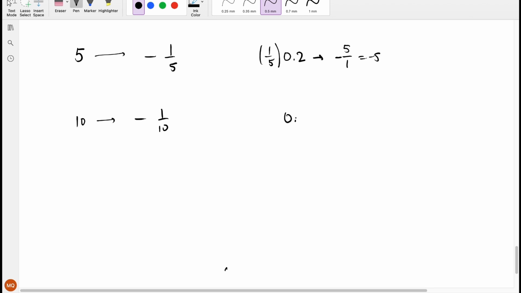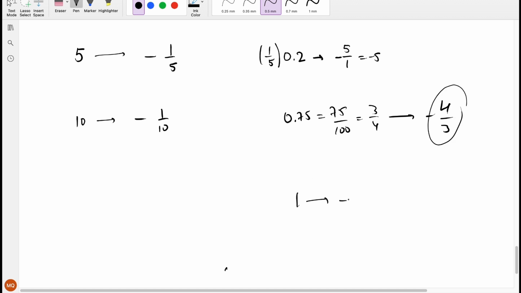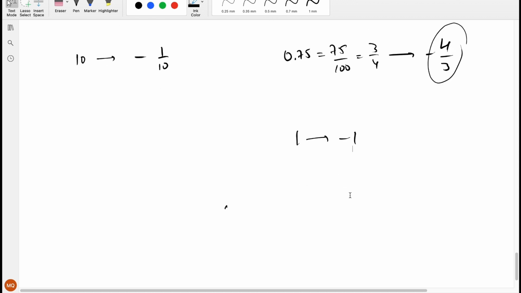For example, if this is 0.75, we know that it is 75 over 100, or 3 over 4. It will become negative 4 over 3. If it is 1, it will be negative 1. So just the multiplication of them has to equal negative 1.